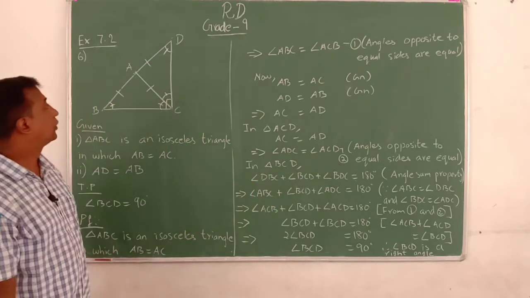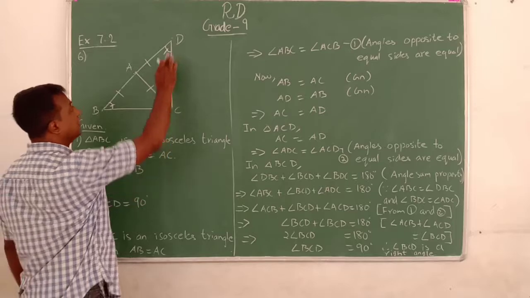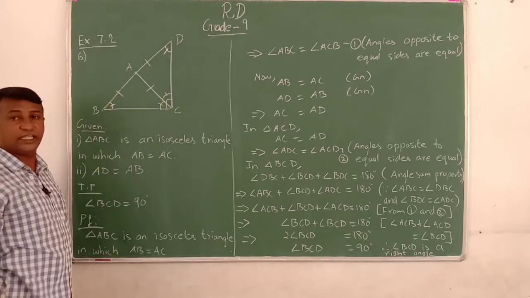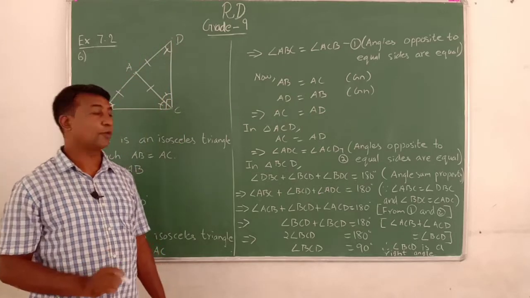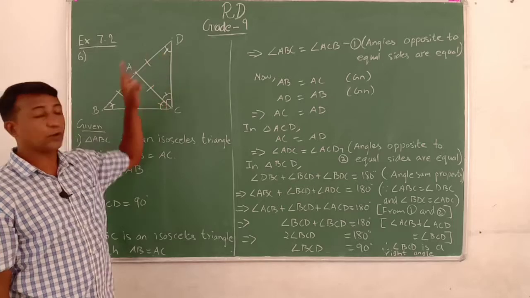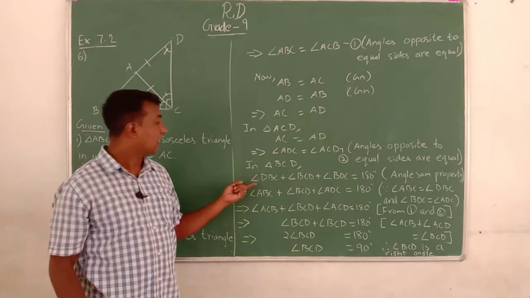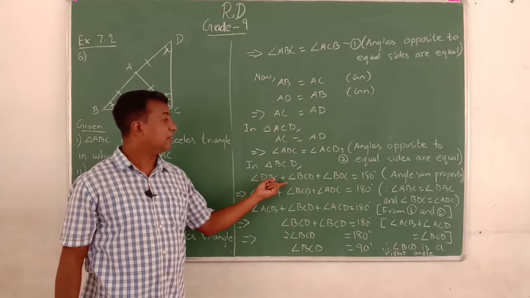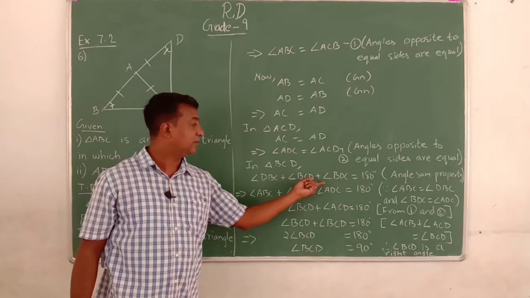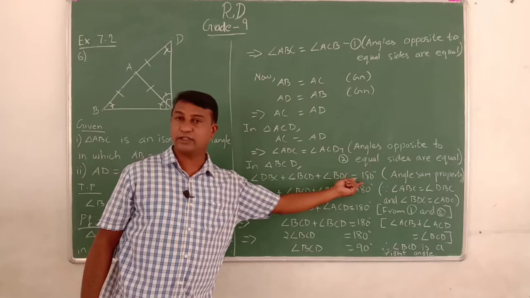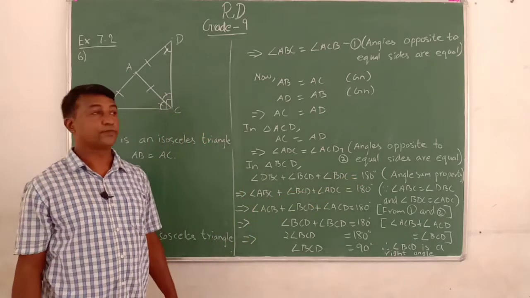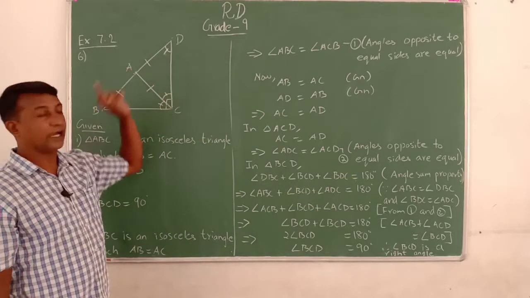So now take the total triangle BCD, and check the angle sum property. Add all the angles. What is the angle sum property? That will be equal to 180 degrees. So here angle DBC plus angle BCD plus angle BDC is equal to 180 degrees. I have added all the three angles.